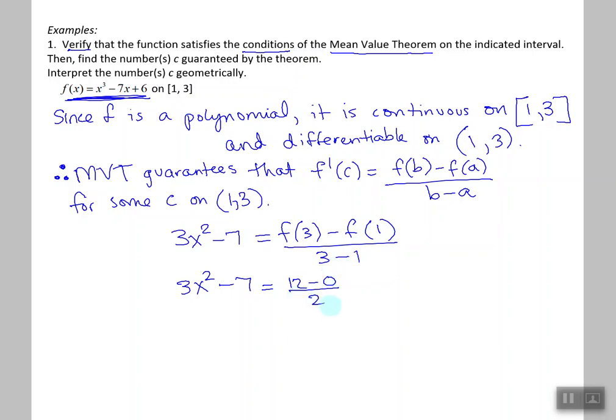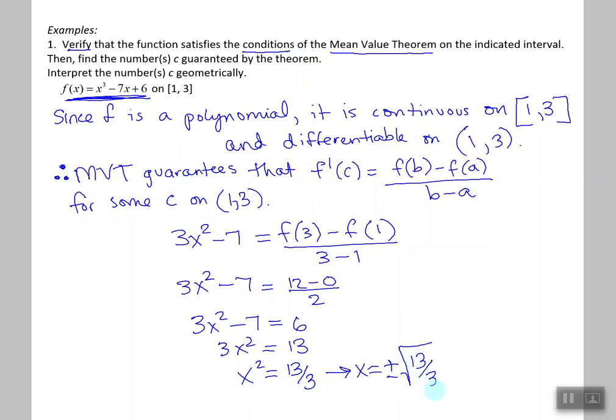And 3 minus 1 is 2. So we get 3x squared minus 7 equals 6. 3x squared equals 13. X squared equals 13 thirds. So x equals plus or minus the square root of 13 thirds.